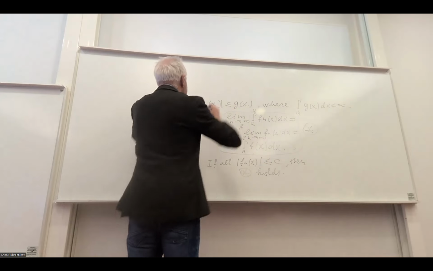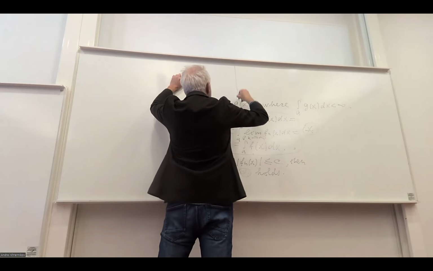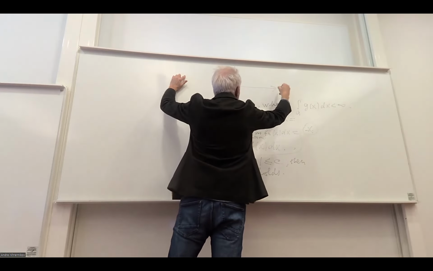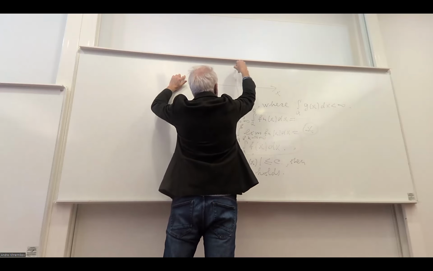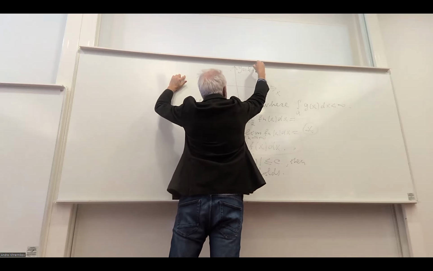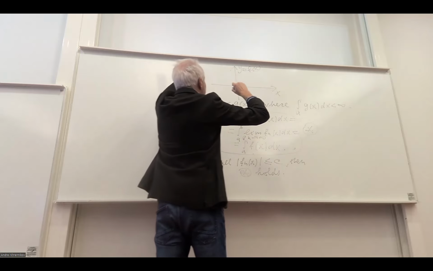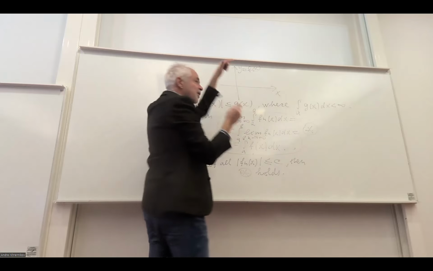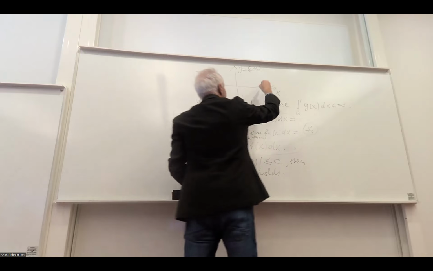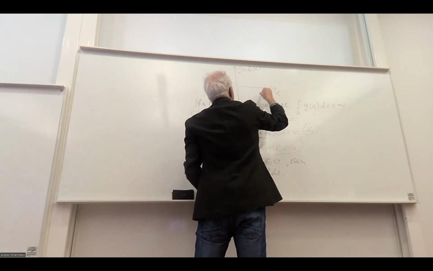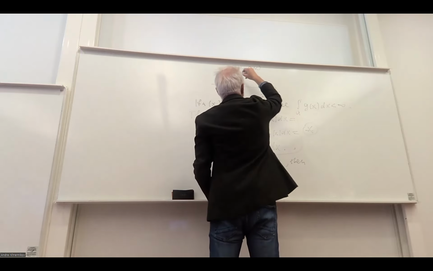So let us consider a sequence. The idea would also be very simple. Let us consider some unbounded function on the interval 0 to 1. For example, the function 1 over x.